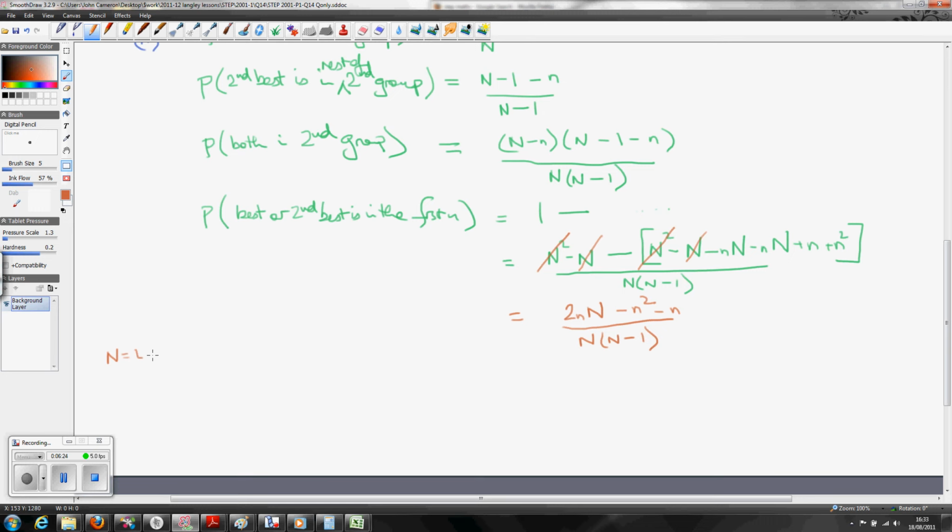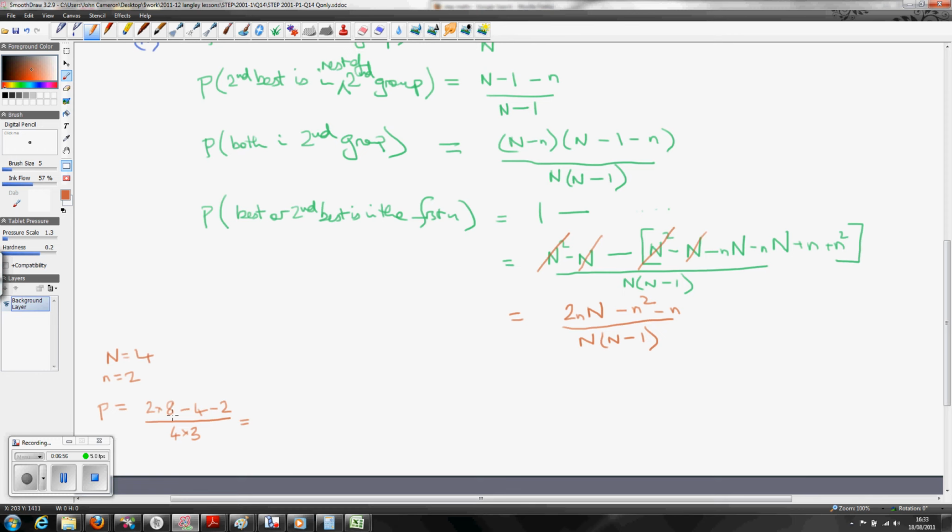When big N equals 4 and little n equals 2, this probability is equal to 2nN, 2 times 8, minus n squared, which is minus 4, minus n is minus another 2, divided by N(n minus 1), which is 4 times 3.